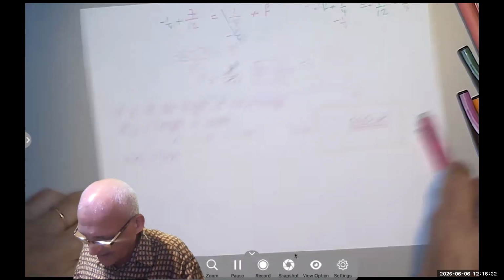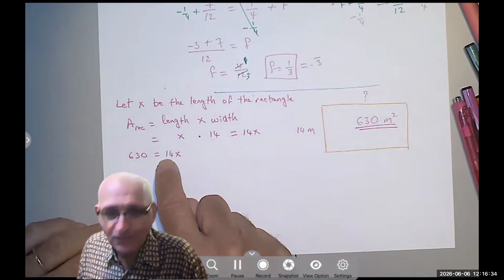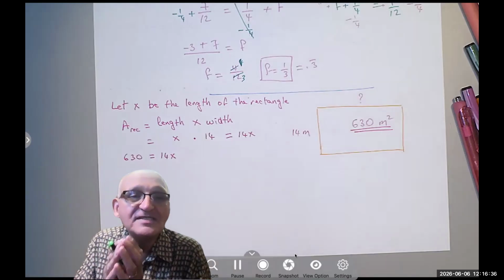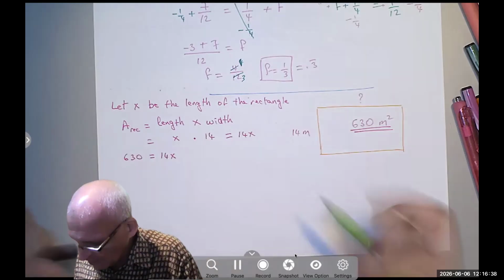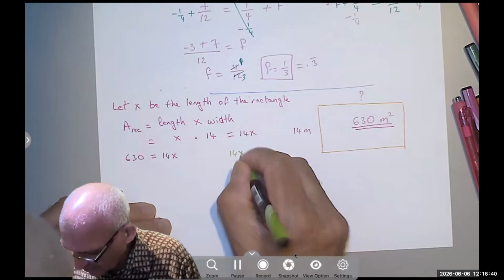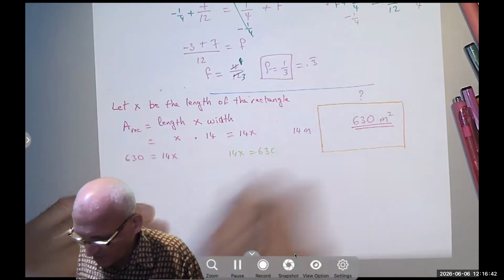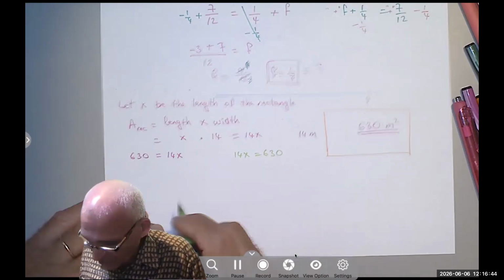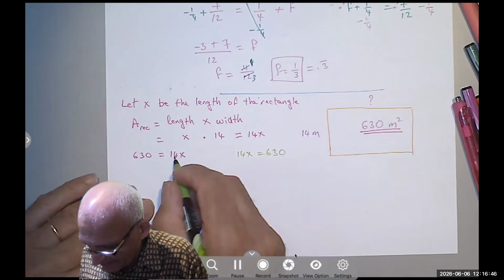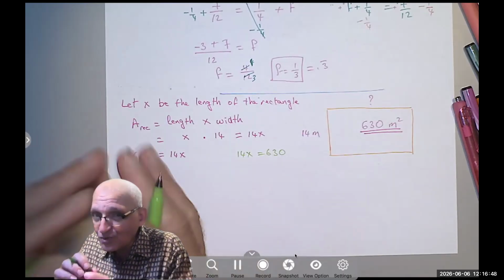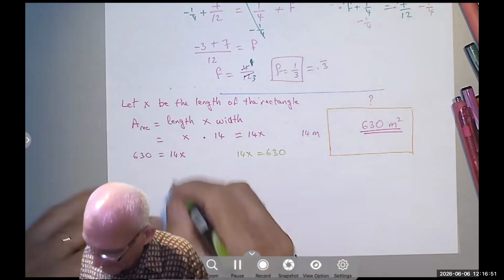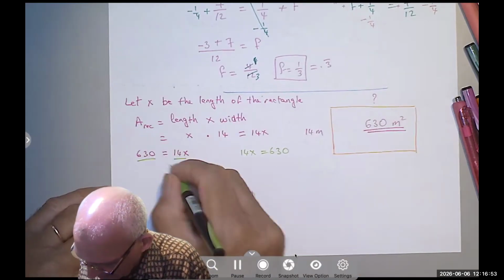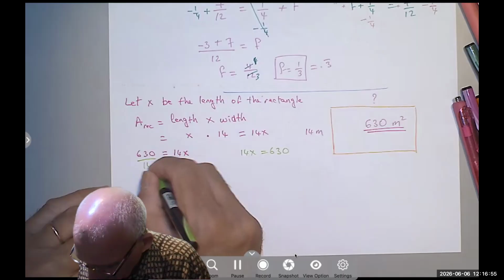And then I would say x here is multiplied by 14. I want to separate the x. Some people will first switch right and left. It's okay, I don't care. It's multiplied by 14, I want to separate them, so I divide both sides by 14.